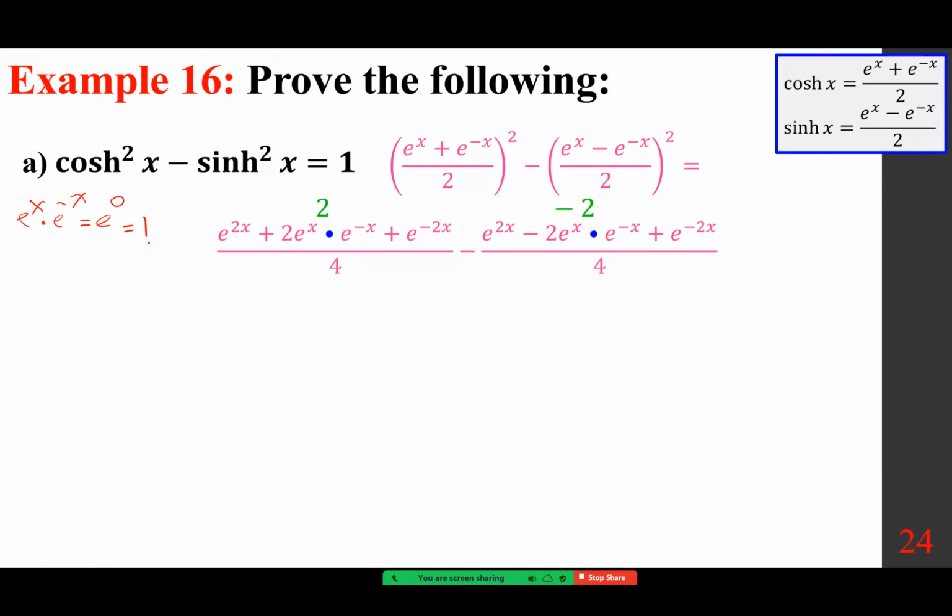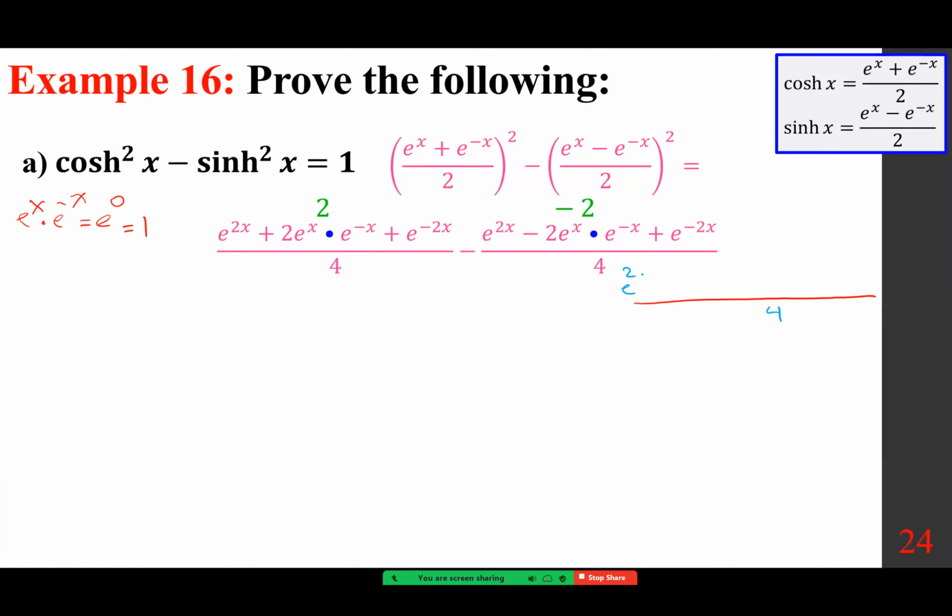Now, if you subtract the second from the first one, in other words, this is 4.